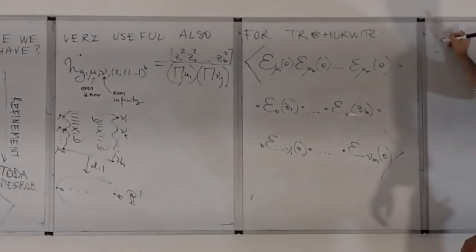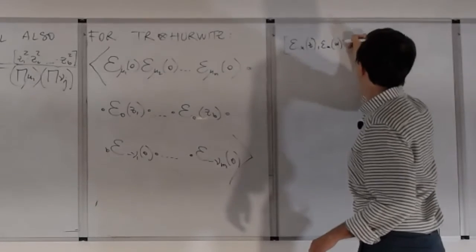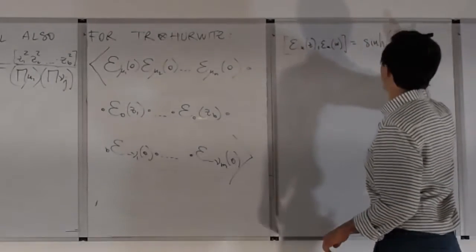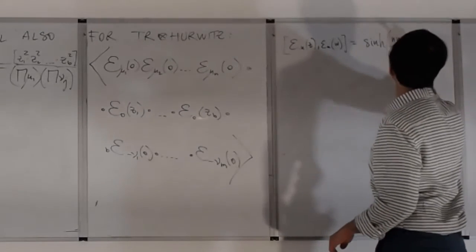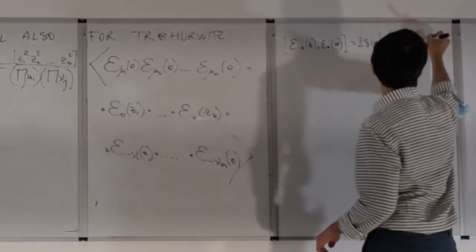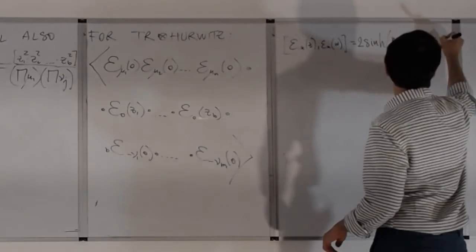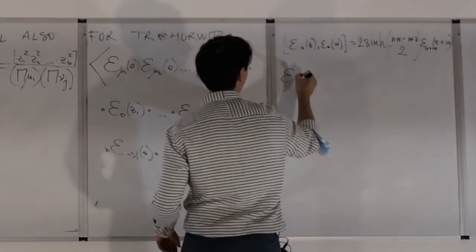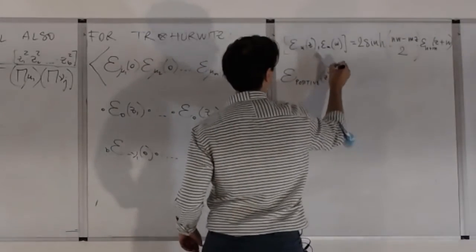The rule is that E_n(z) E_m(w) goes like the hyperbolic sine of (nw − mz)/2, and then you have a 2 here, and then you have E_{n+m}(z+w). And also, every time you have E of something positive, acting on the vacuum, this is 0.